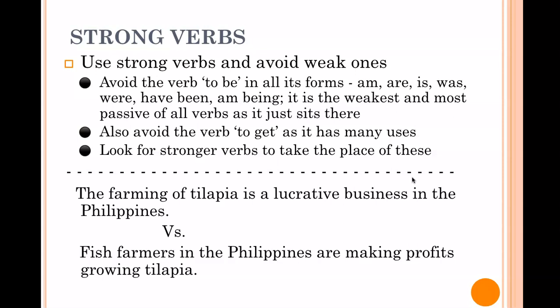Avoid the use of the verb "to get" and look for stronger verbs to take the place of these. "The farming of tilapia is a lucrative business in the Philippines." "Fish farmers in the Philippines are making profit growing tilapia." So you can think about how you can improve the sentence by using strong verbs.